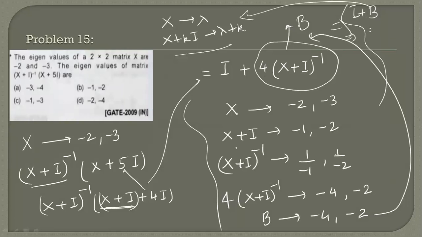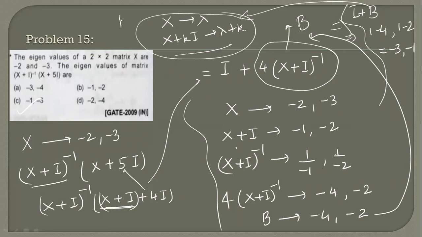It will be 1 minus 4, 1 minus 2. So eigenvalues will be minus 3, minus 1. So this question, and the previous question I already discussed, is based on this important result.